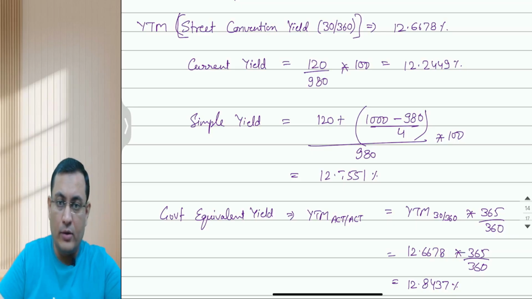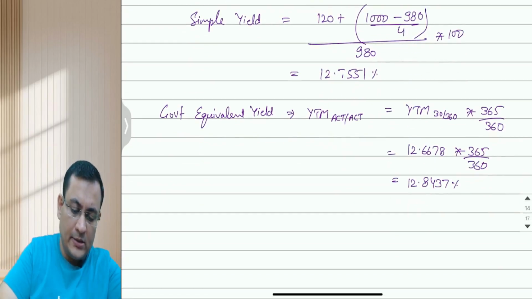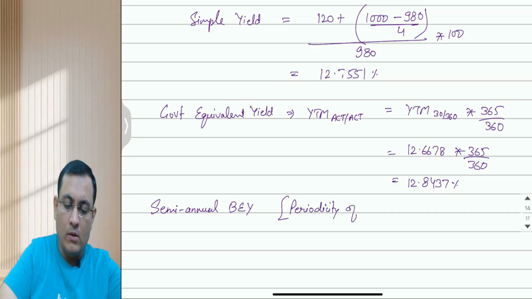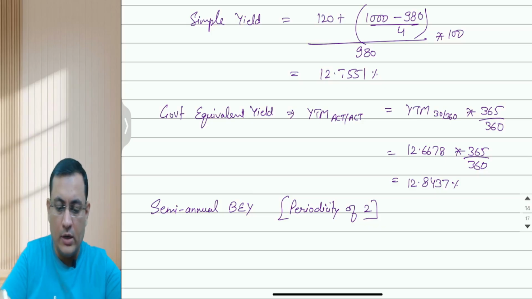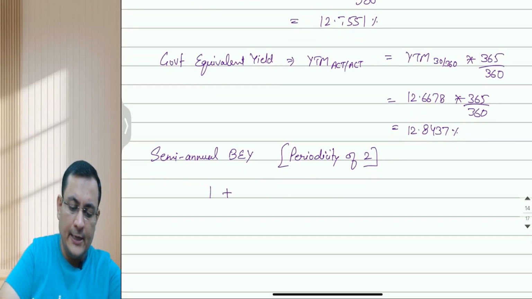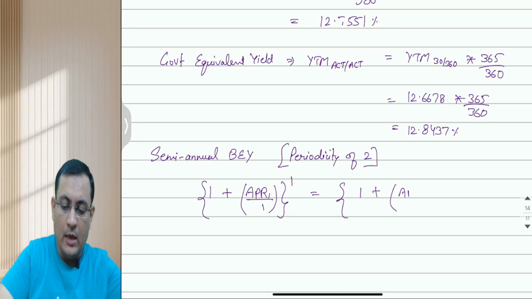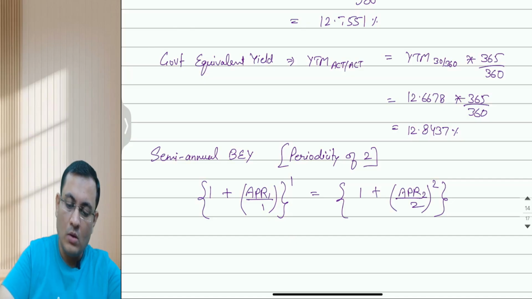Next, if we want to calculate bond equivalent yield, semi-annual bond equivalent yield, what do we have to go for? We have to go for a periodicity of 2. In that case, we have to convert this annual yield: (1 plus APR 1 upon 1) whole power 1 should be equal to (1 plus APR 2 upon 2) whole power 2.